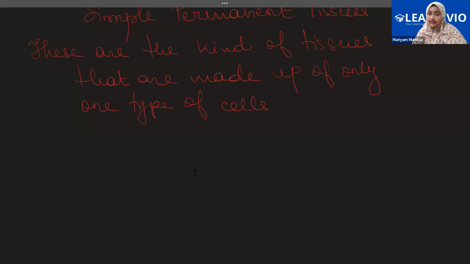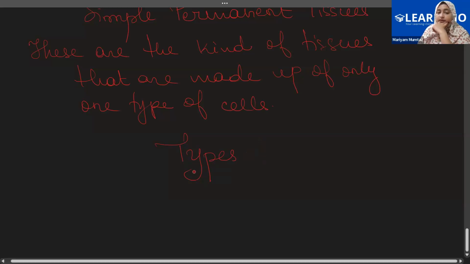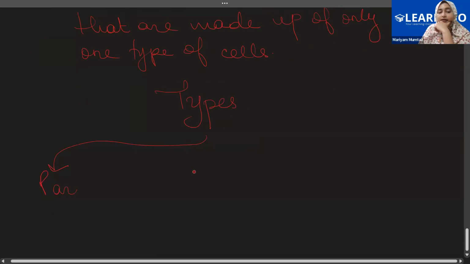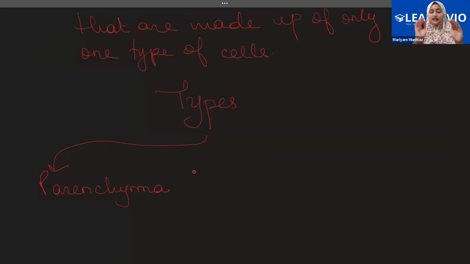Now, furthermore, this simple permanent tissue can be divided into parenchyma, collenchyma, and sclerenchyma, the three kinds of simple permanent tissue, meaning all of them are made up of only one type of cells. Now, the first one that we have is parenchyma. Parenchyma is mostly living tissue, and it is the basic tissue of the plant's body.